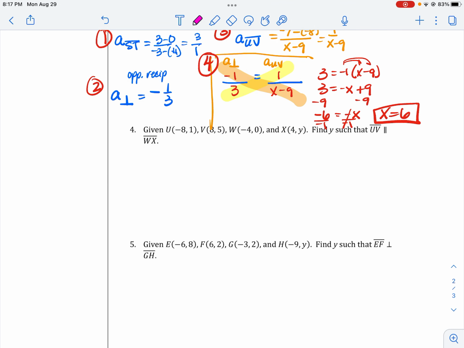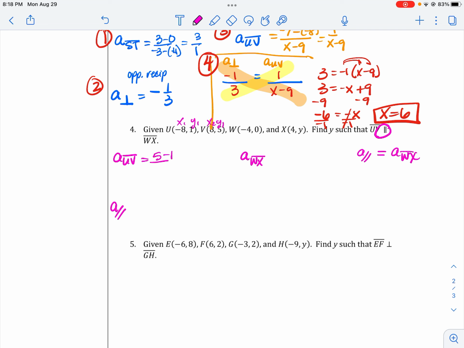So, solve, looking for parallel. We need the slope for UV. I need parallel slope. I need the slope for WX. And then I need to compare, a parallel needs to be set equal to WX. Okay? So the first one, x1, y1, x2, y2.